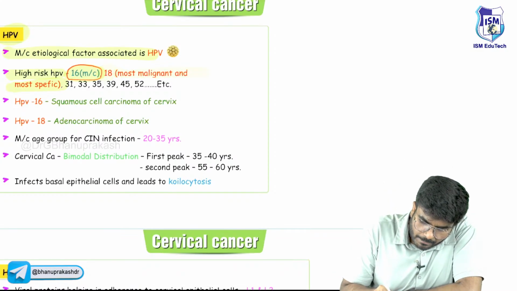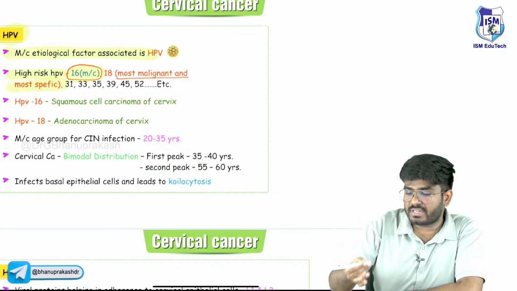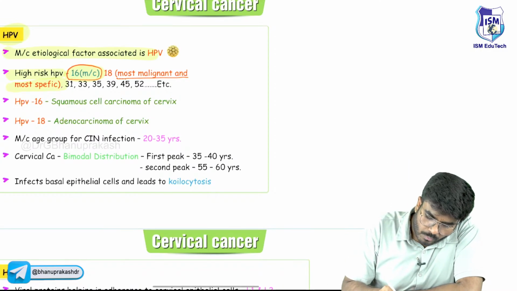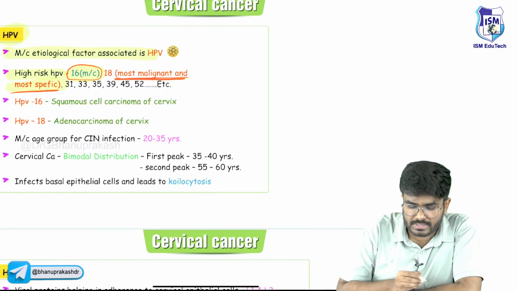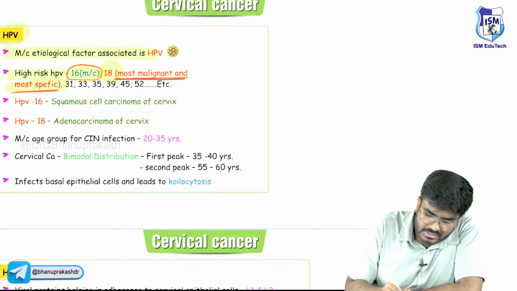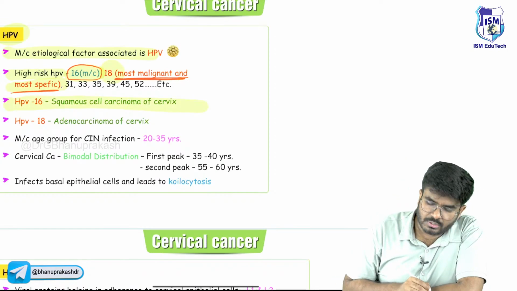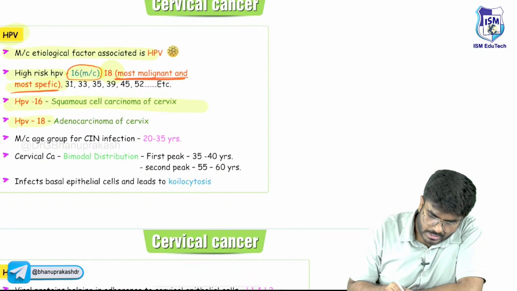What is the most malignant and most specific? Once you get it, there is a very high chance that you can end up with cancer. So the most malignant is HPV 18, causing adenocarcinoma of the cervix. 16 causes squamous cell carcinoma, 18 causes adenocarcinoma.